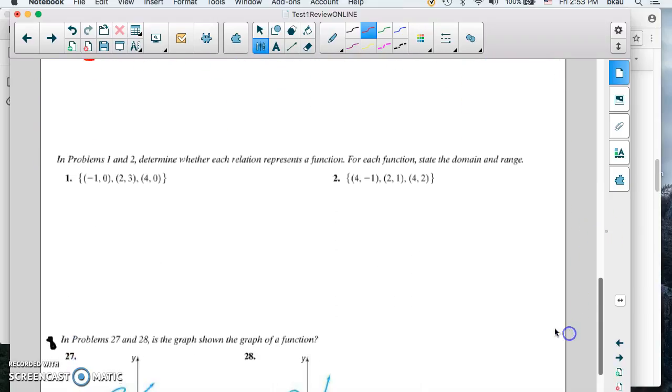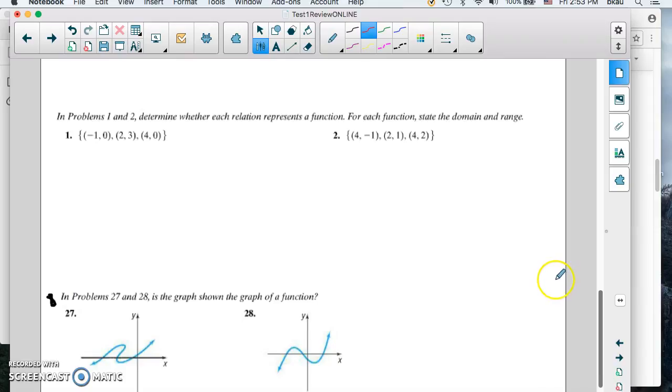All right, and then the next part of this asks you to determine whether a set of points represents a function, and that's the same thing. We're looking at when values of x give us two answers. So we only have a -1, a 2, and a 4, so this would be yes, because -1 only goes to 0, 2 only goes to 3, 4 goes to... that's a yes, it is a function.